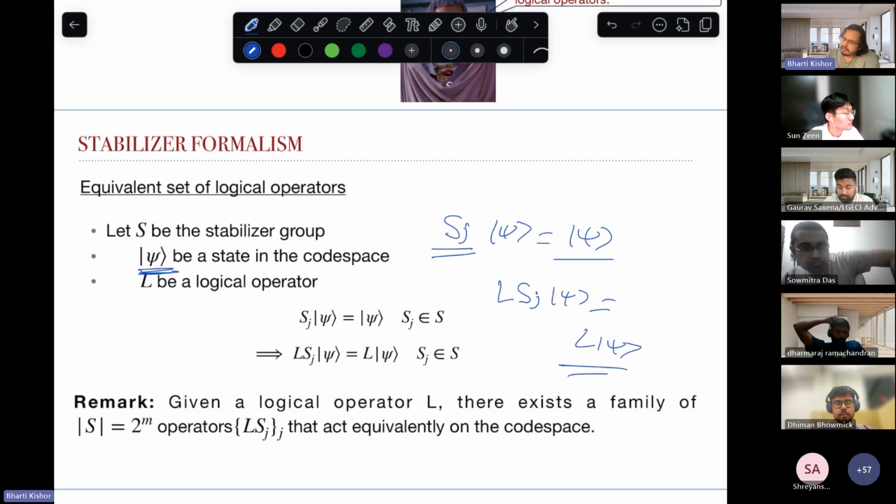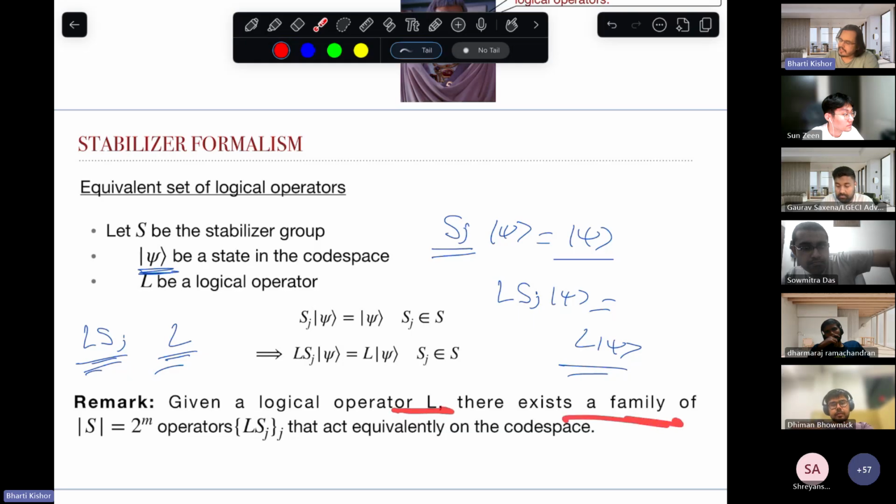So it tells you that the action of L Sj and L is actually the same. So basically, for every logical operator L, there exists a family of 2 to the power m logical operators, L Sj, over all possible Sj, that act equivalently on the code space. So that tells you which logical operators are equivalent.